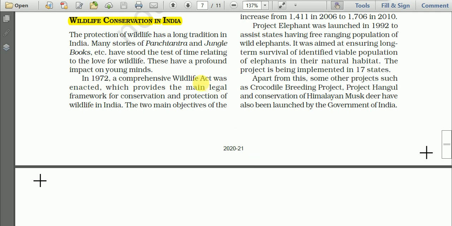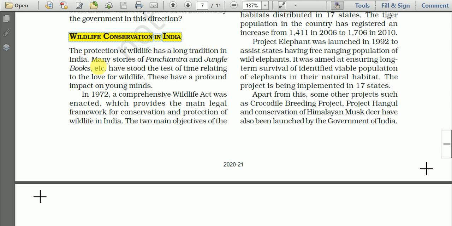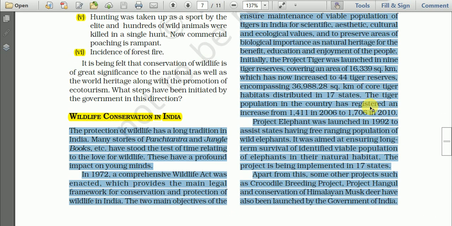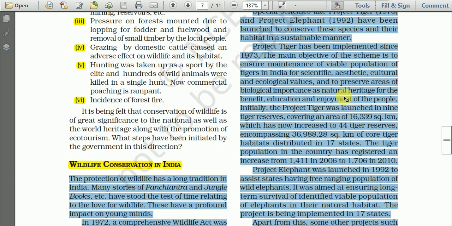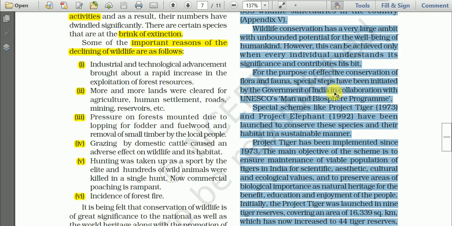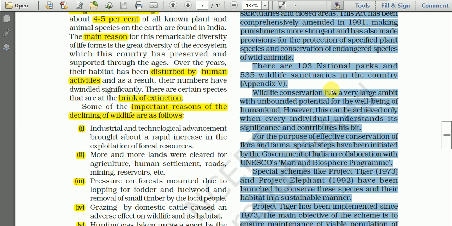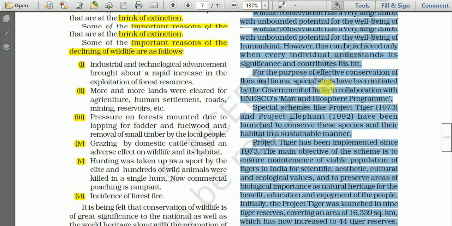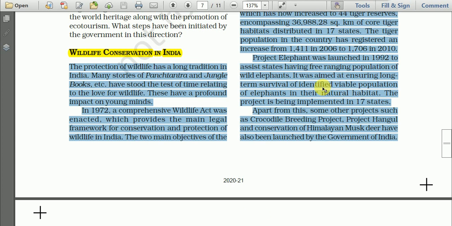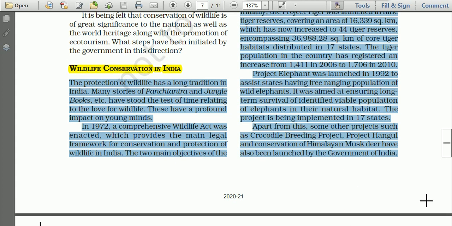So here we have this topic, wildlife conservation in India, and this whole text explains the steps taken by the government to conserve wildlife in India, and this big paragraph has been summarized in this way.